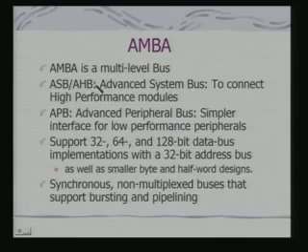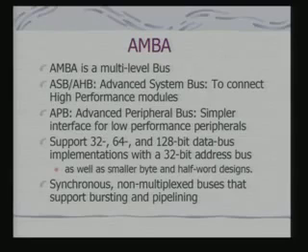So here the objective of this bus is to connect high performance modules. Then APB is the advanced peripheral bus, a simpler interface for low performance peripherals. In fact, the whole bus supports 32-bit, 64-bit as well as 128-bit data bus transfers, using a 32-bit address bus, and this is the basic characteristic of ARM.